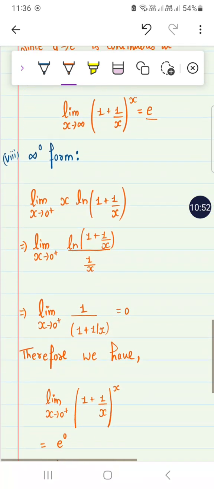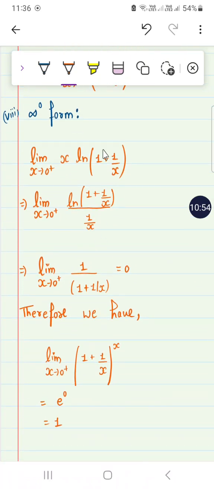Now this is the last form, the infinity to the power 0 form. This gives you limit extending to 0 plus x. Now we have this function, right? It is the infinity power 0 form. Okay, now how to remove this form and make the limit sensible?